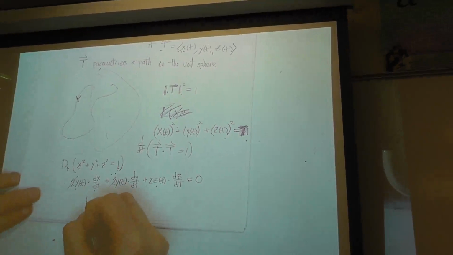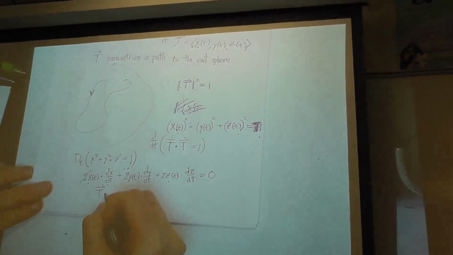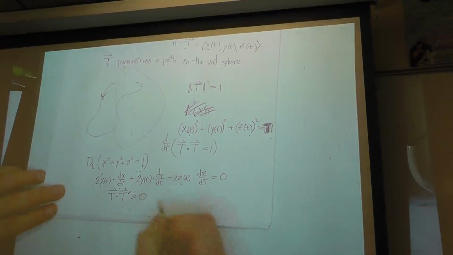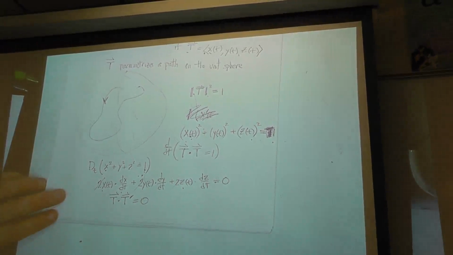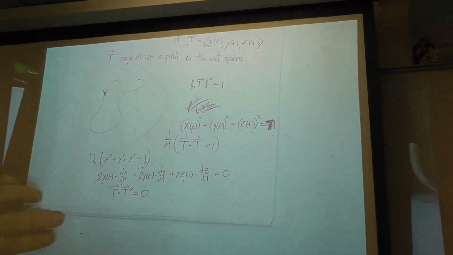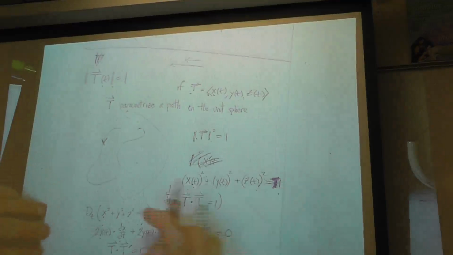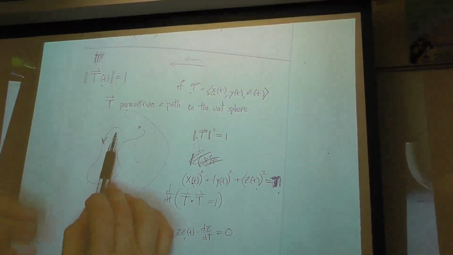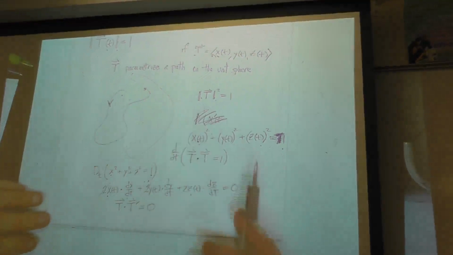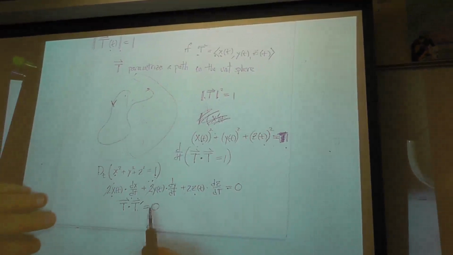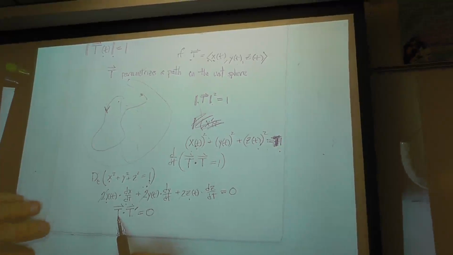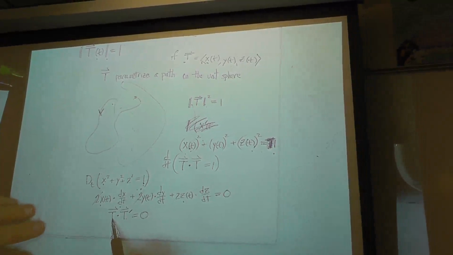So this says that T dotted with T prime is 0. So this is what I was alluding to earlier. You have a path that's on the unit sphere, or really any sphere. Automatically, its derivative is orthogonal to the original vector. Okay?